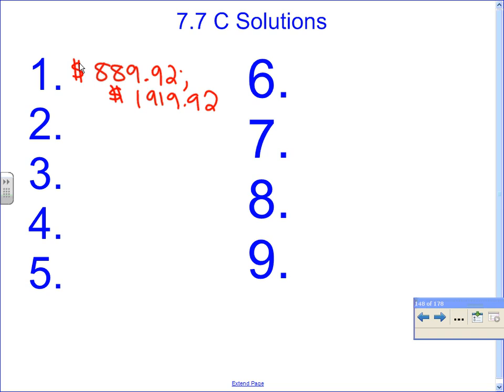Okay, Justin, number 2. Oh, yeah, I forgot. Matt, number 2. Good. Perfect. Number 3, Annalise. Okay.